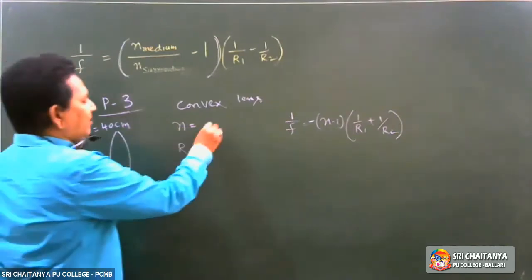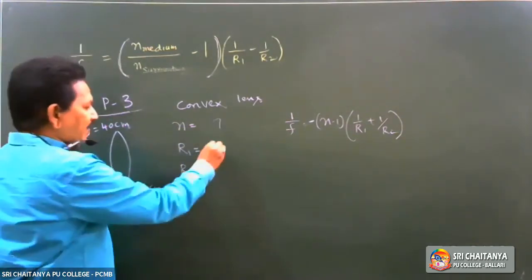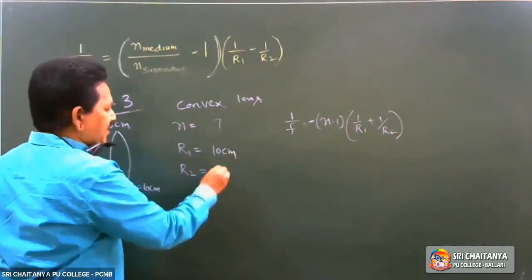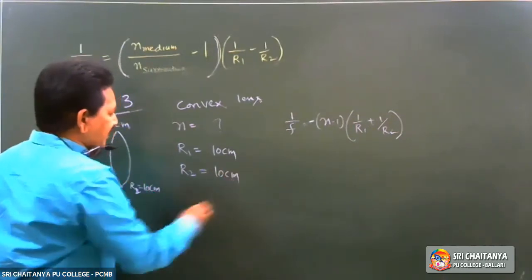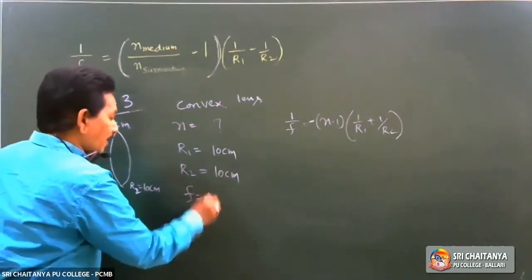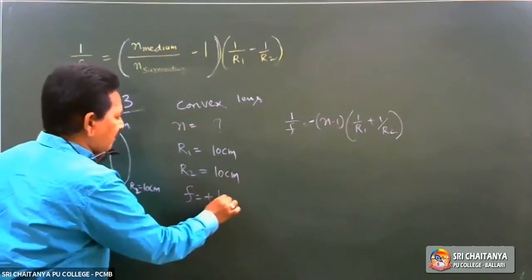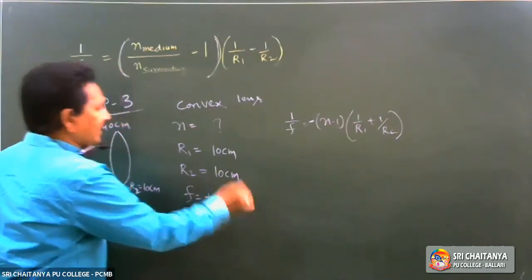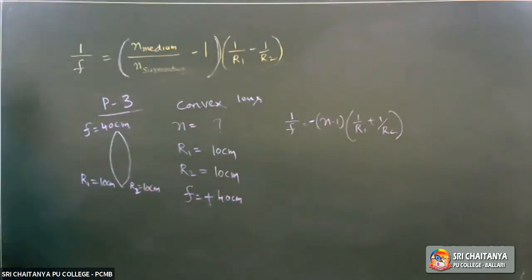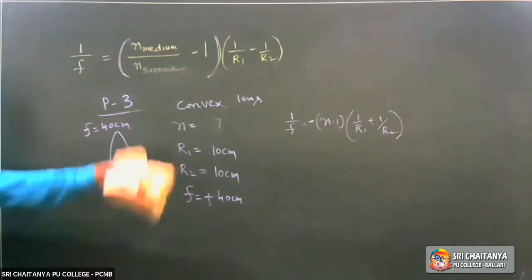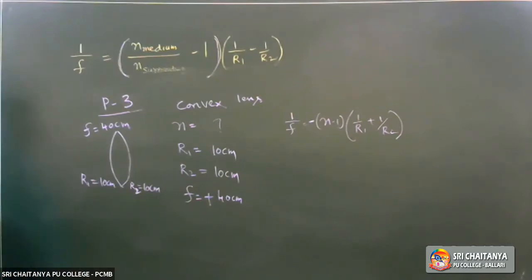So n value we don't know, R1 value 10 centimeters, R2 value 10 centimeters, F value plus only for convex, 40 centimeters. Substitute in the formula and calculate the refractive index.